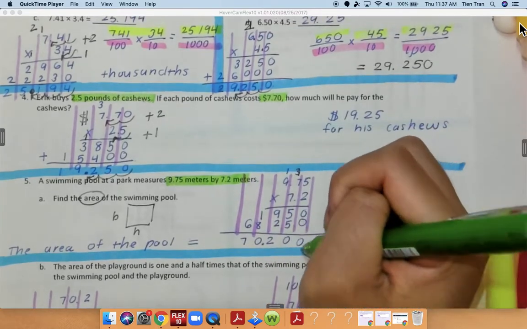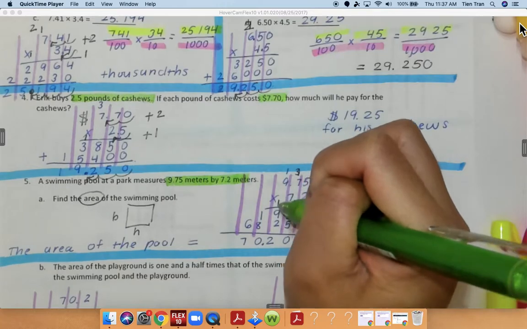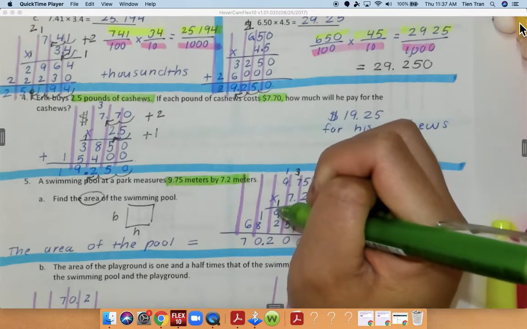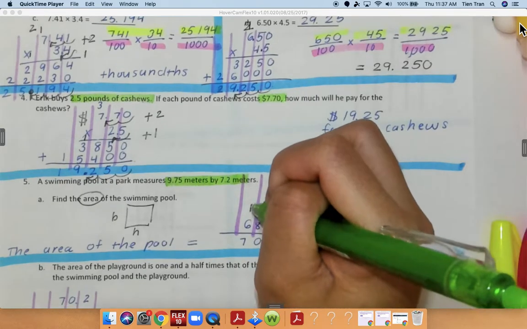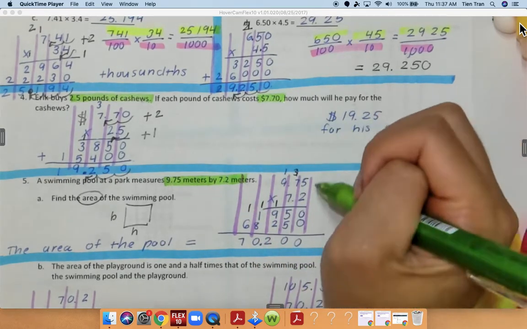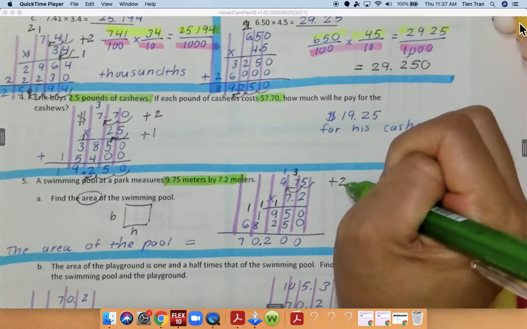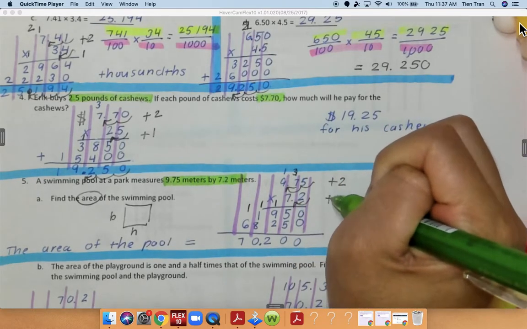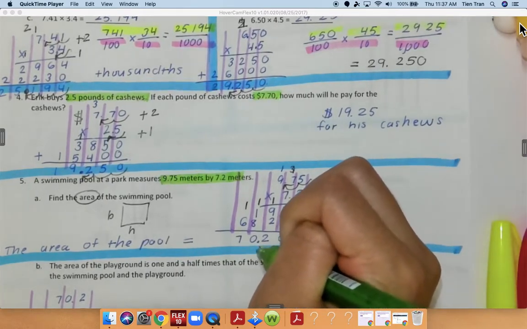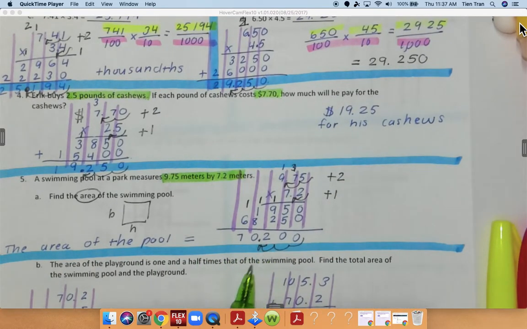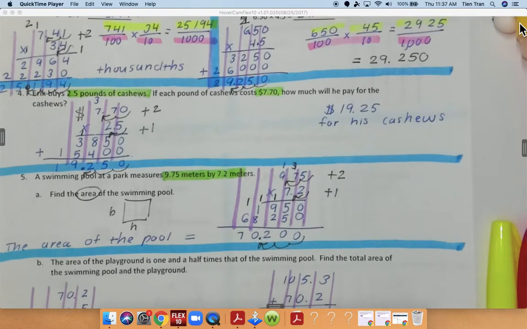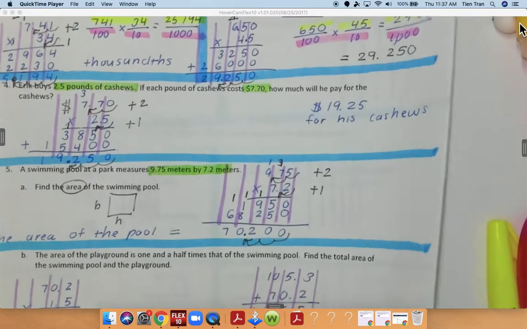So 0 plus 0 is 0, 5 plus 5 is 10, 9 plus 2 is 11, plus 1 is 12, 8 plus 1 plus 1 is 10, 6 plus 1 is 7. And you're going to move your decimal over twice right here and 1 time right here, so that's 3 times. 1, 2, 3. So the area of the pool is 70.2 meters squared.